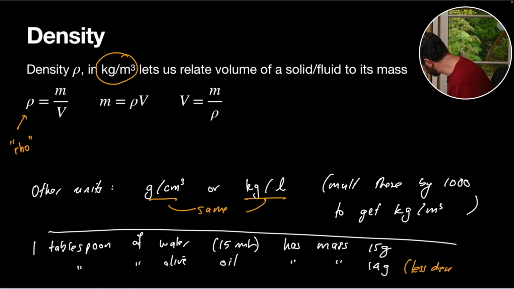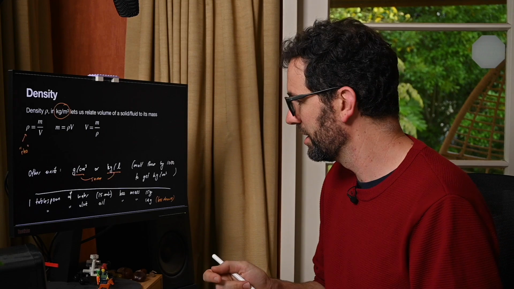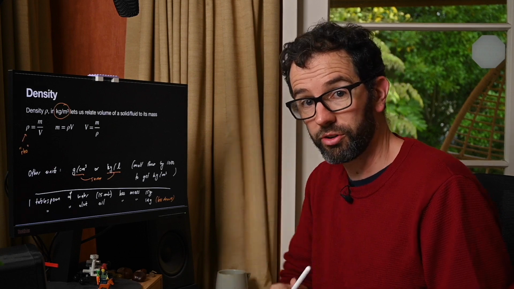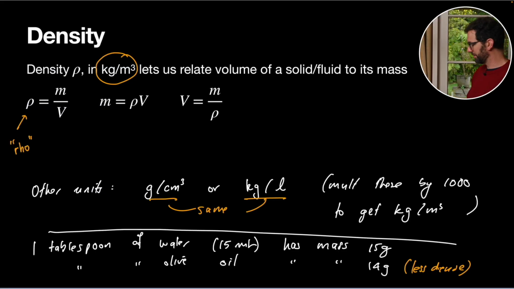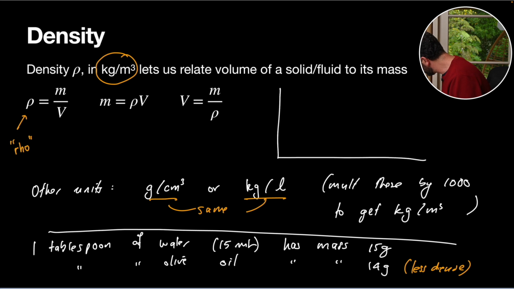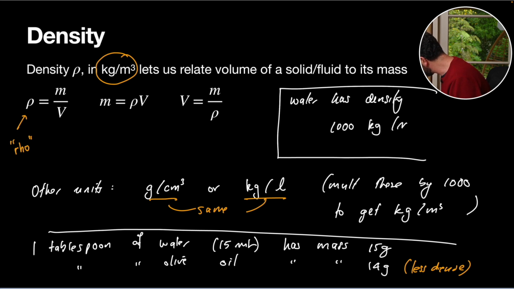The tablespoon is a measure of volume. The mass of these things is different because of their densities. That's why the olive oil floats on top of the water and not the other way around. But we'll get to that later. One that we use often is that water has density of 1,000 kilograms per cubic meter, or 1 kilogram per litre if you like.